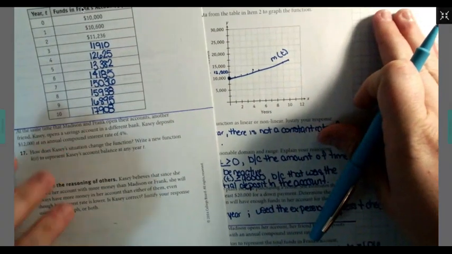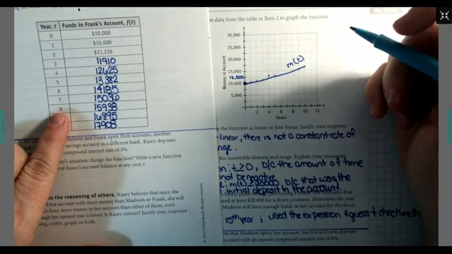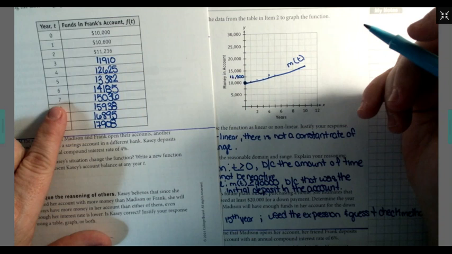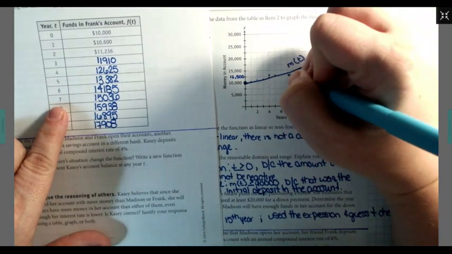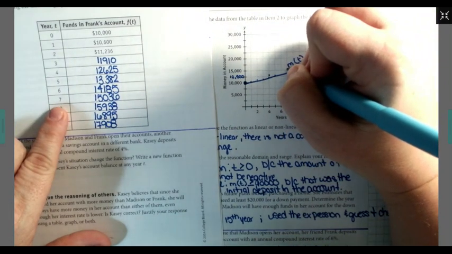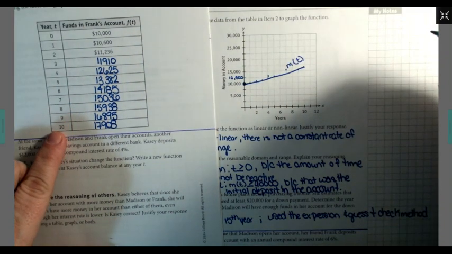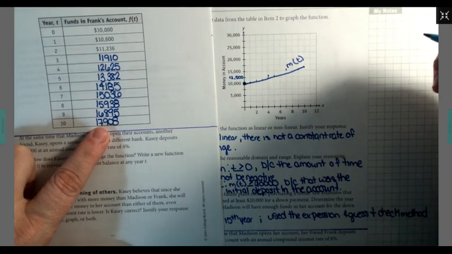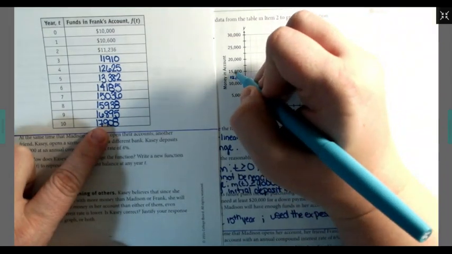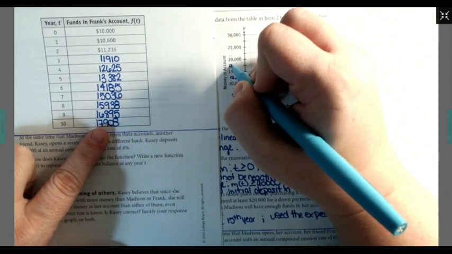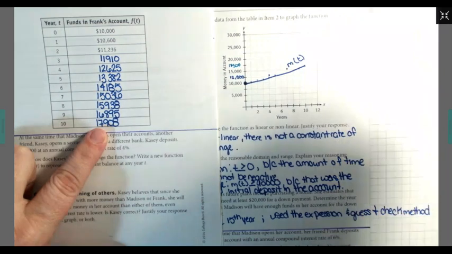Okay, let's see. We got 15,000. He hits above 15,000 in year 7. He gets to 17,900. Now, if this was 15,000, this is 17,500.